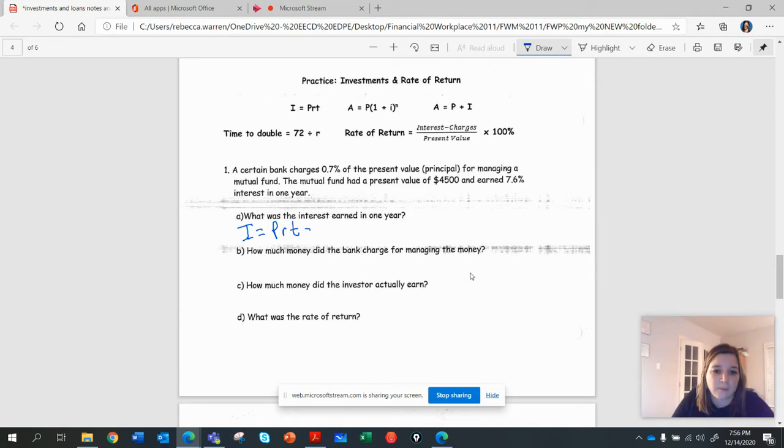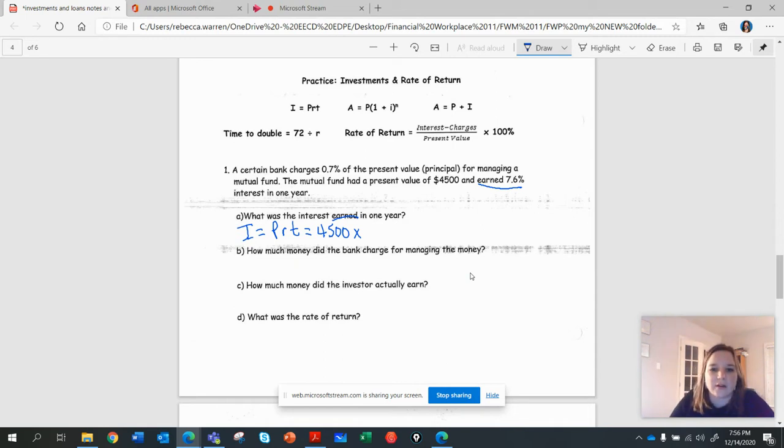PRT formula. And the PRT just refers to taking the principal amount, which is 4,500, and timesing it by the rate. Now, there's two rates in this question. We want the rate in which they are earning on their investment here because it says interest earned, right?